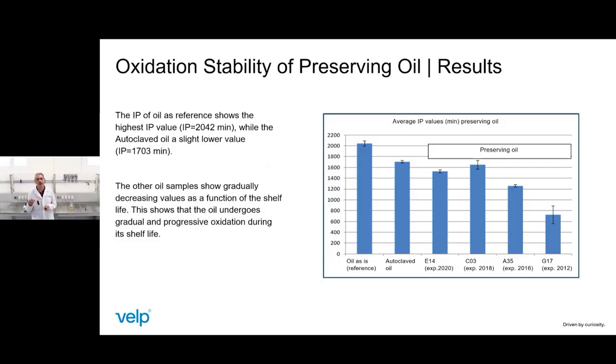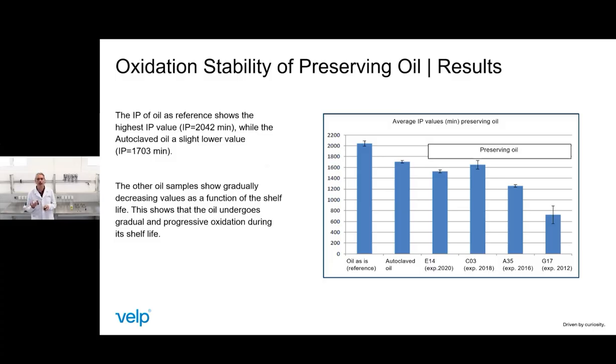The control group has the highest induction period, and this indicates, especially for untreated oils, that the oil has a great capability to absorb oxygen due to the low level of previous oxidation.